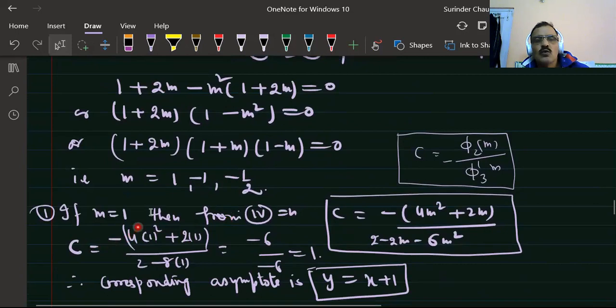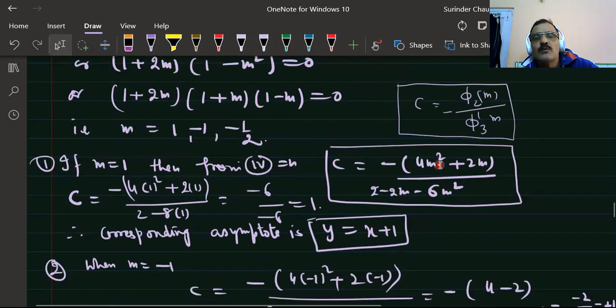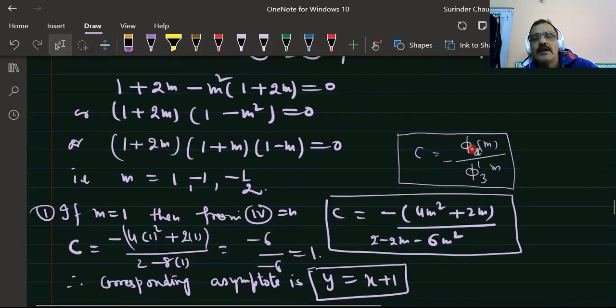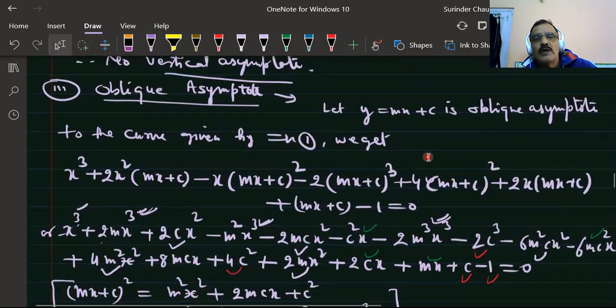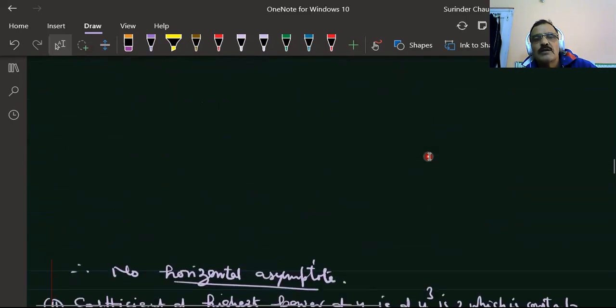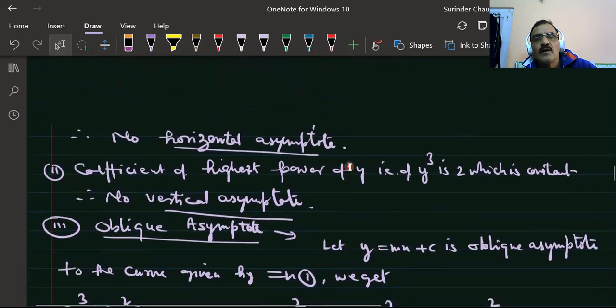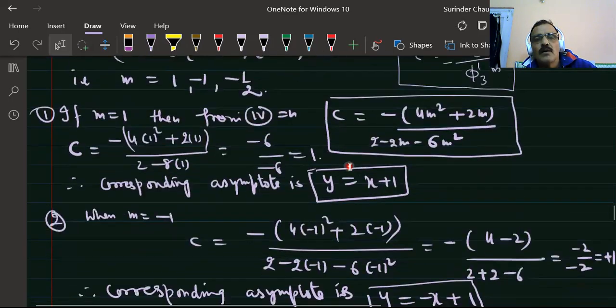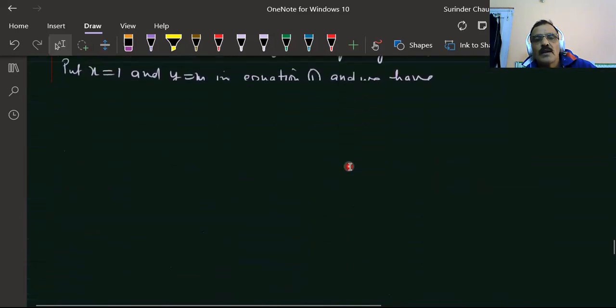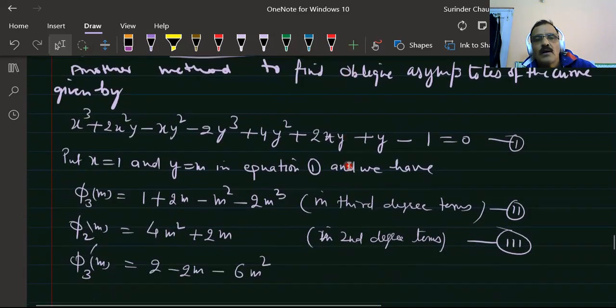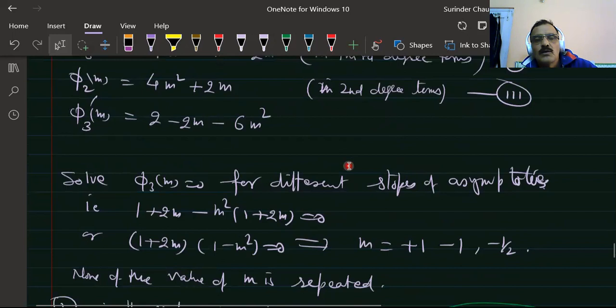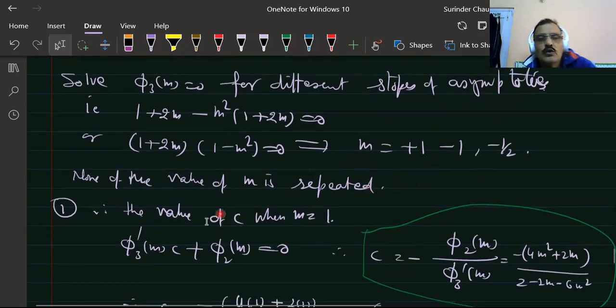Now the coefficient of x square is equal to 0, and c by the formula will be minus phi 2 of m upon phi 3 dash of m, from the formula that we discussed earlier.